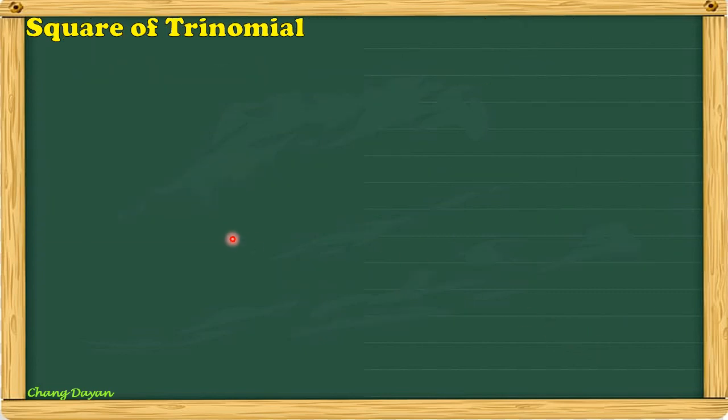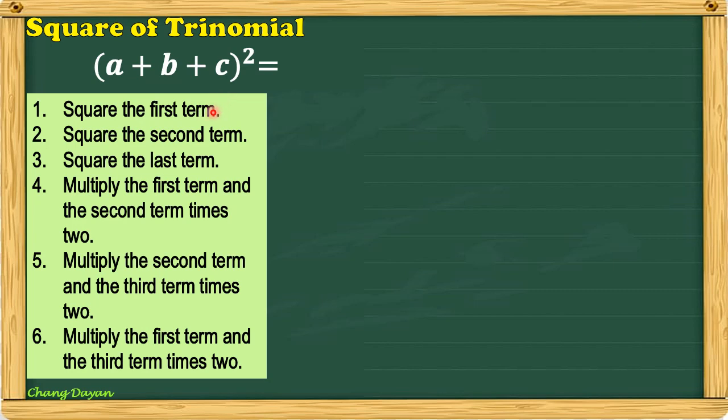Now let us square a trinomial. Given here, a plus b plus c. Then square using this shortcut. Square the first term, so a squared. Square the second term, we'll have b squared. Square the last term, we have c squared.